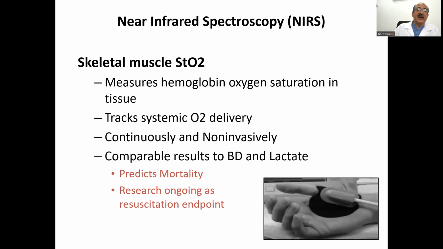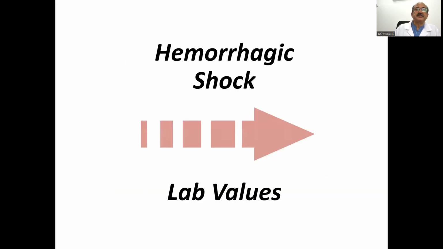So it can help to see the delivery of the oxygen. If it is not good, it can predict the mortality, research is ongoing, and resuscitation endpoint. And that is very simple as well, and non-invasive as well.